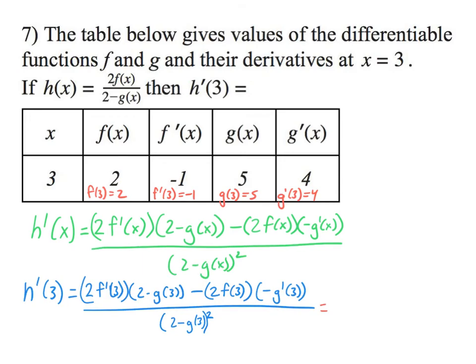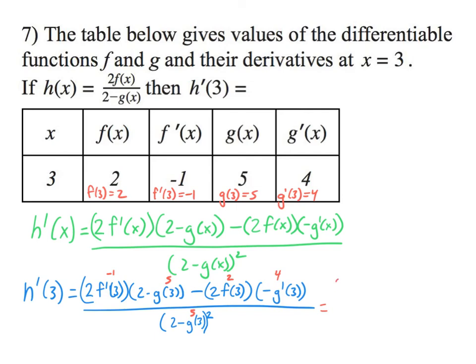What is f prime of 3? f prime of 3 is negative 1. So can I go over here and replace that with a negative 1? All right, what's g of 3? g of 3 is 5. So can I replace this with a 5? F of 3. f of 3 is 2. So can I replace this with a 2? And g prime of 3 is 4. So can I replace this with a 4? And g of 3 is 5. So can I replace that with the 5?